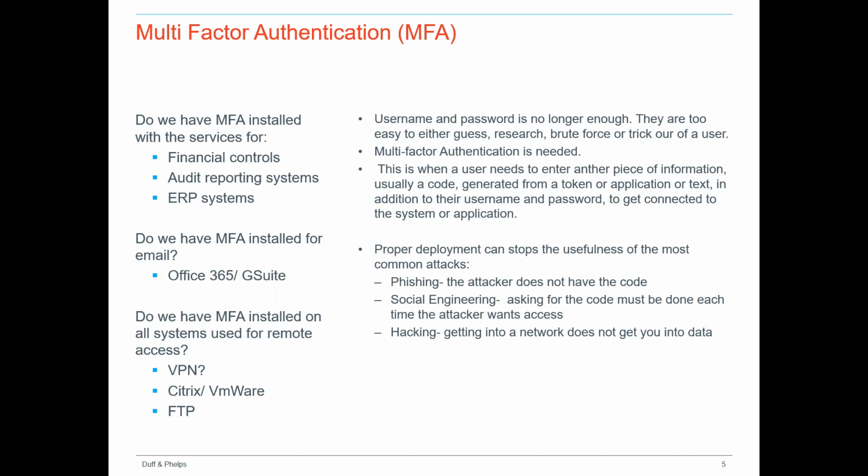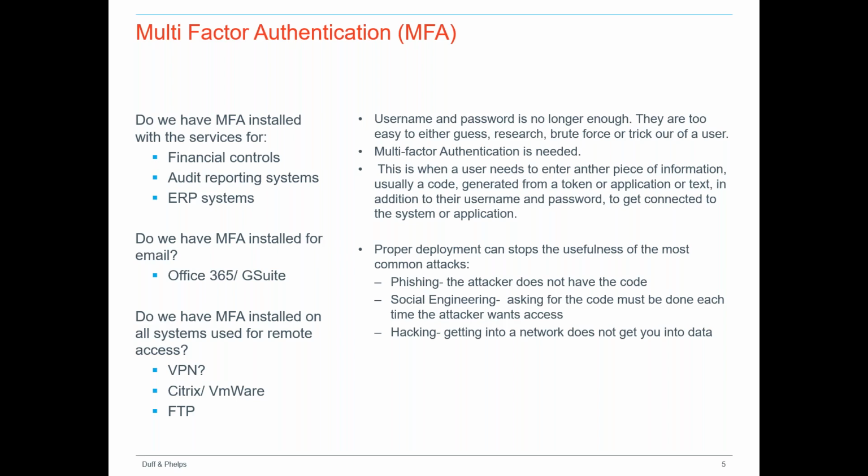So the key thing here, though, is that when you put in place multi-factor authentication, two things happen. Number one, the attacker who has username and credentials can't take the next step. They can't enter the code, which means they can't log on to the email system, no matter how successful their phishing email was.